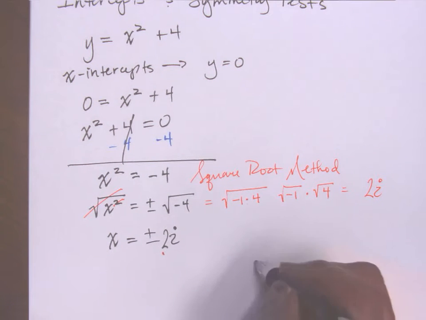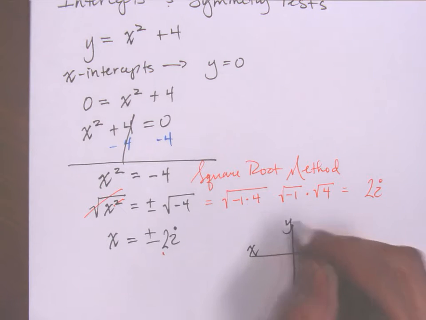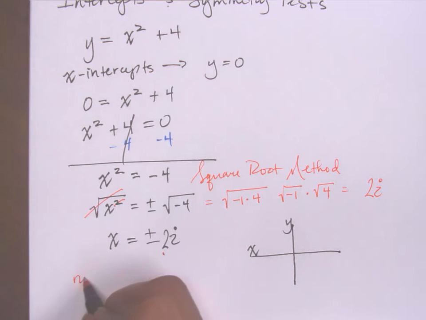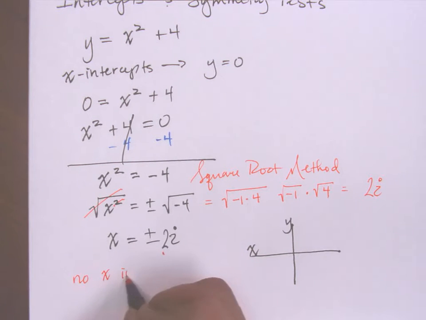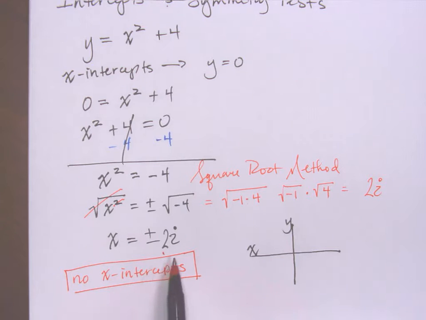Now if you think about graphing, this is my x-axis, this is my y-axis. I don't have anywhere to plot 2i. And because of that, we can say that there are no x-intercepts. We do want a statement and not just solving for x.